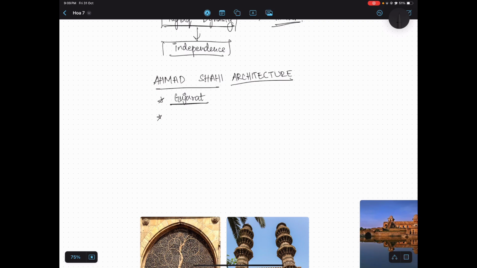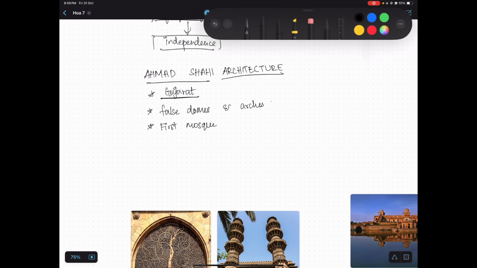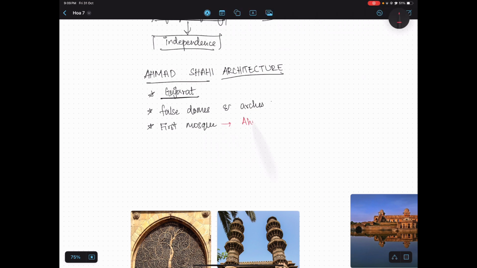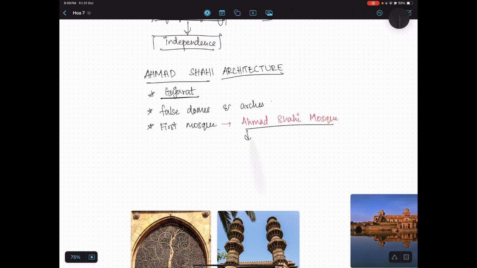Especially during the Islamic reign, under the Ahmad Shahi architecture school, they used a lot of false domes and arches, and their first mosque, which is the Ahmad Shahi mosque, used columns from existing temples.